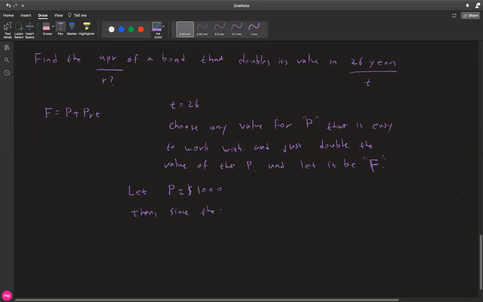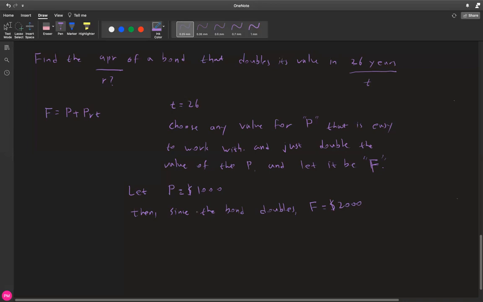Since the bond doubles, the F must be $2,000. So it really doesn't matter what number you choose for P. I personally think that $1,000 is an easier number to work with, but if you think 1 is an easier number, you can simply choose that.